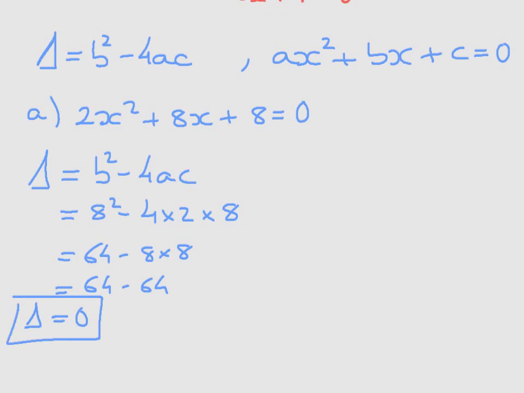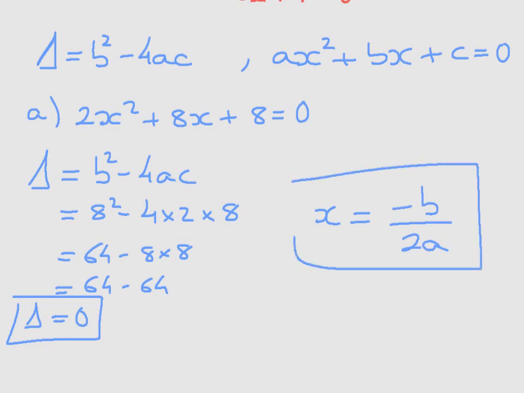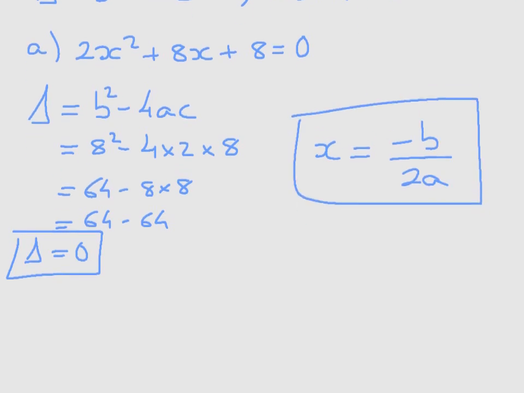When this happens, it means that the quadratic equation only has one solution. And that solution, I'm writing here, is always going to be equal to negative b divided by 2 times a. That's the formula. So, in this instance, we saw that b was 8, so I'll have x equals negative 8 over 2 times a.